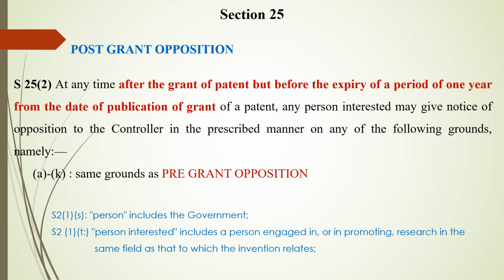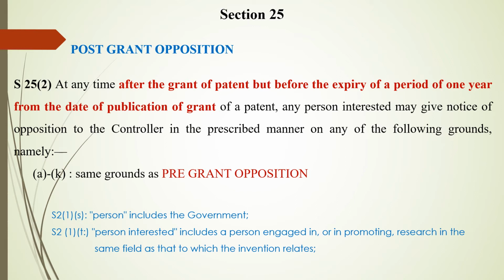That is, if any patent application has been granted, after grant of that patent application, any interested person, if he thinks to raise objection or opposition against that patent application, then he may do so in the prescribed manner on the following grounds.